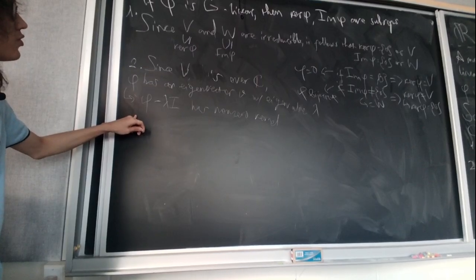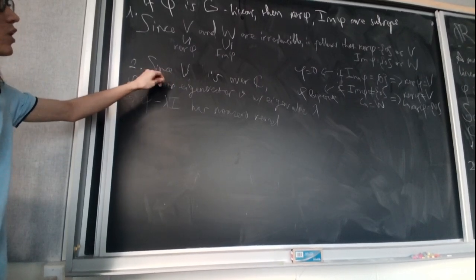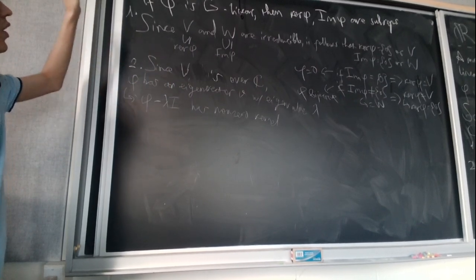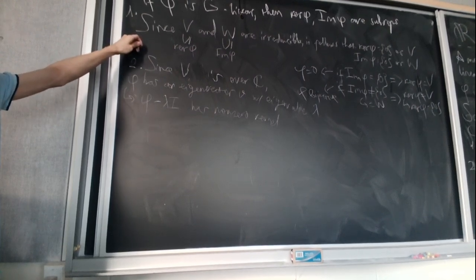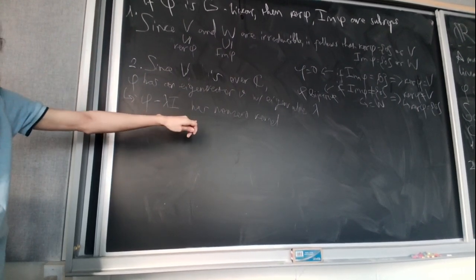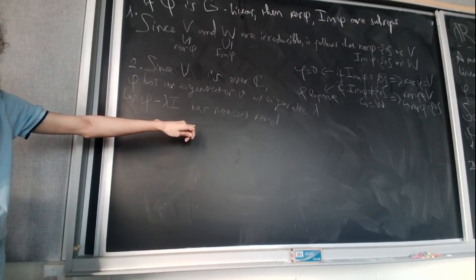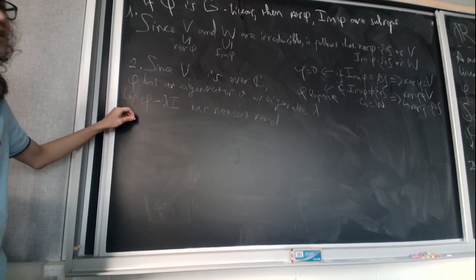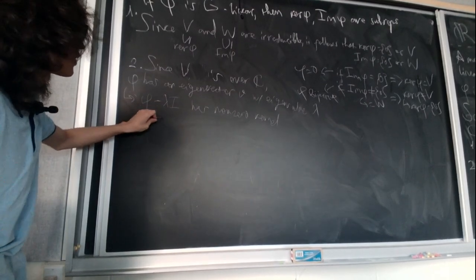Maps between two irreducible representations are either isomorphisms or zero. This is not an isomorphism because it has a non-zero kernel. What's the other option? It's the zero map.